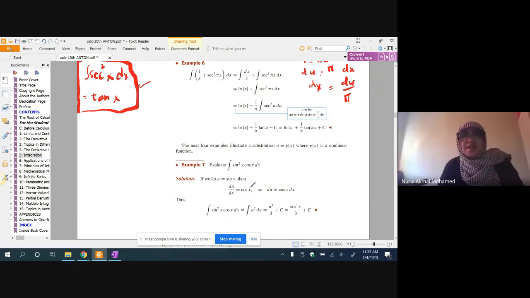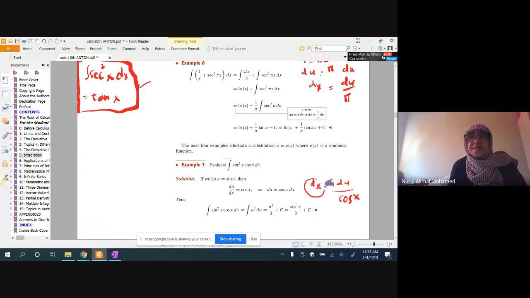The du dx will be cos x. In other words, I always make dx as the subject. Why is that? It's because I want to replace dx here. So once we get this, you make dx as the subject. So dx is equal to du divided by cos x. Okay, because you want to replace the dx here.